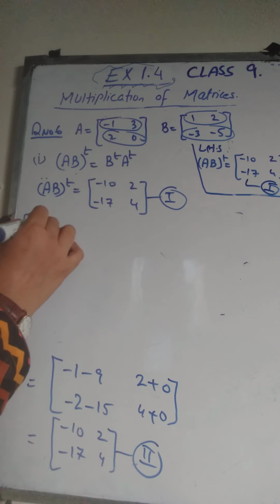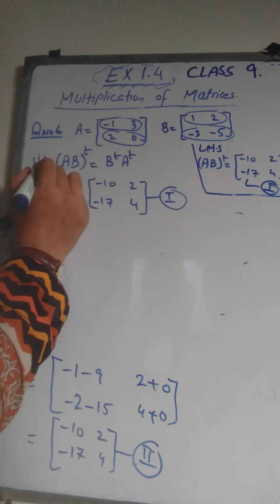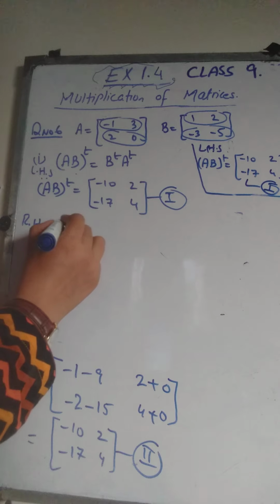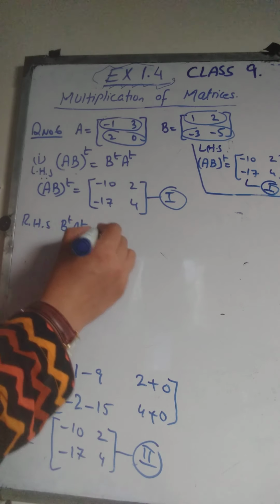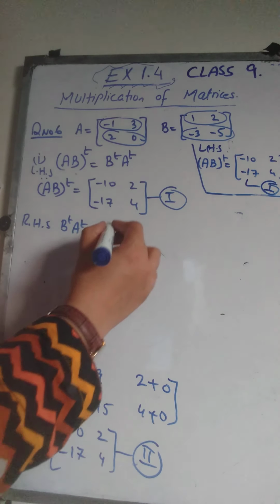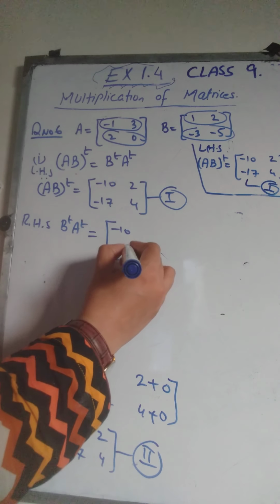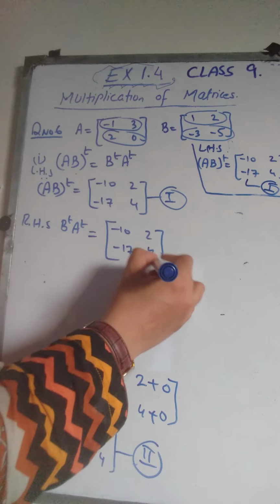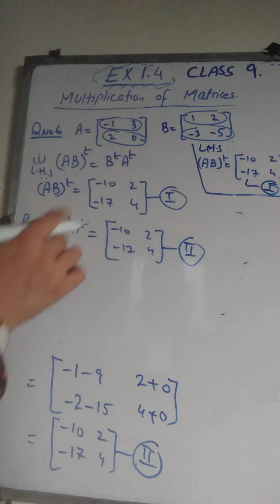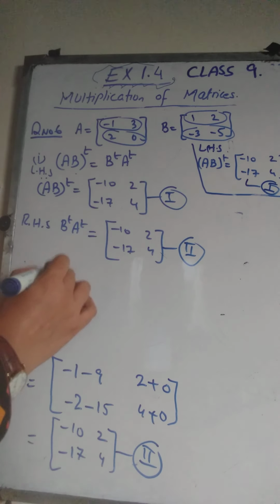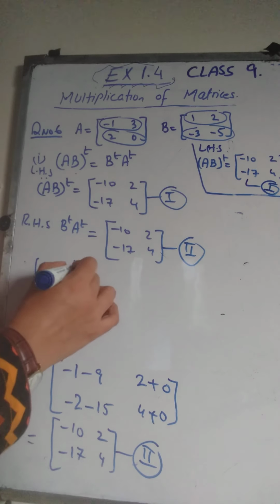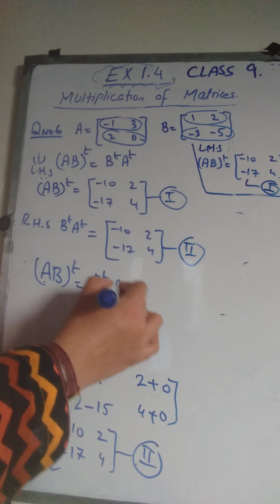Then we calculated the right hand side, B transpose into A transpose, and we got the same result as the left hand side, -10, -17, 2 and 4. As we can compare both the results, AB whole transpose is equal to B transpose into A transpose.